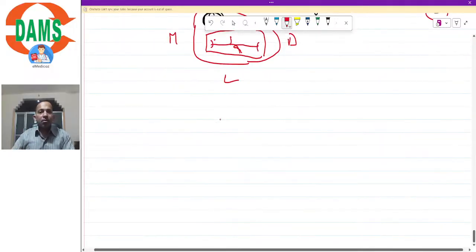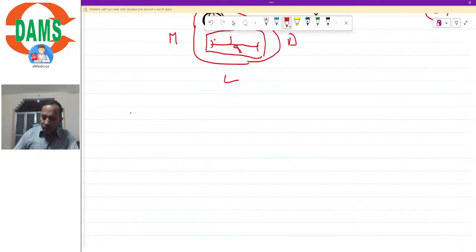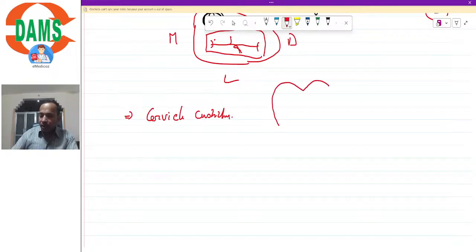So this is some information about the crowns. Last, the cervical constriction. When you look at the primary and the permanent dentition, what do we notice?